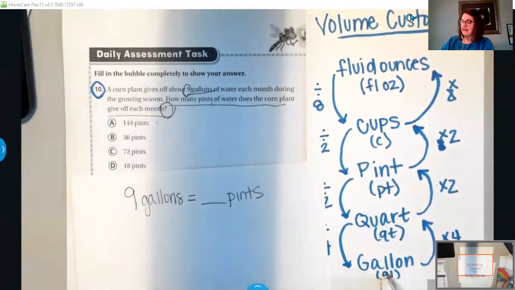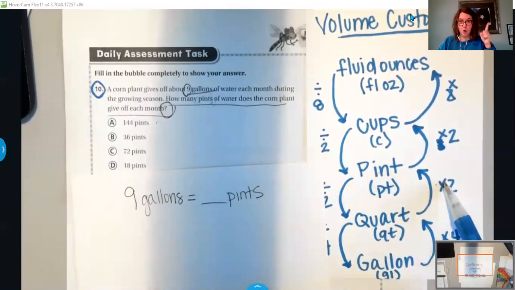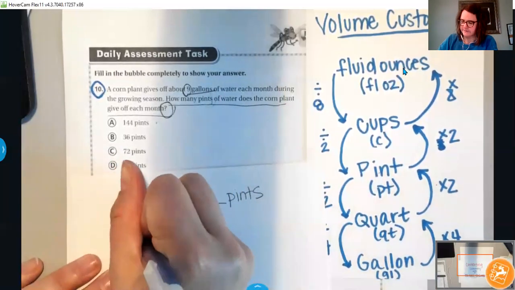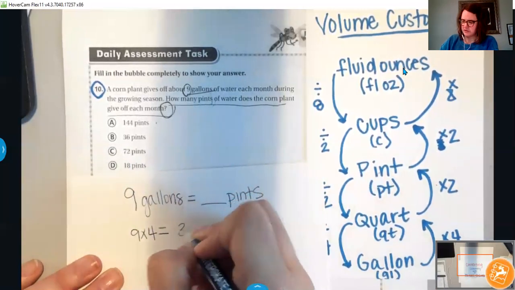If we're going from gallons to pints, that means our arrows are going this way. So we're going to be multiplying. Remember, we can't stop at quarts and we can't skip quarts. We got to go through it. So I'm going to take 9 times 4, and 9 times 4 equals 36.